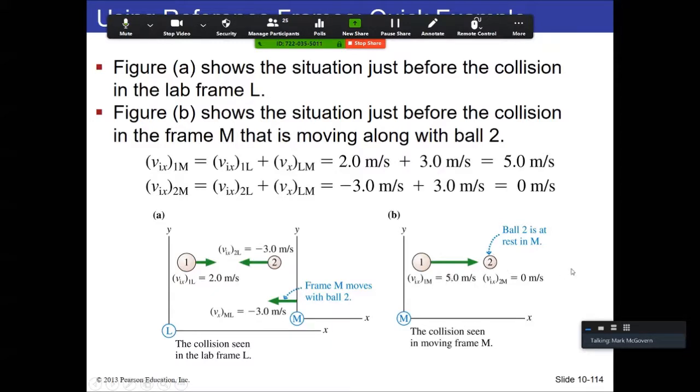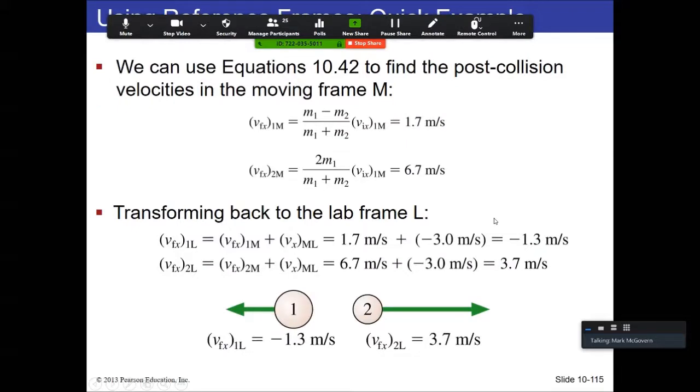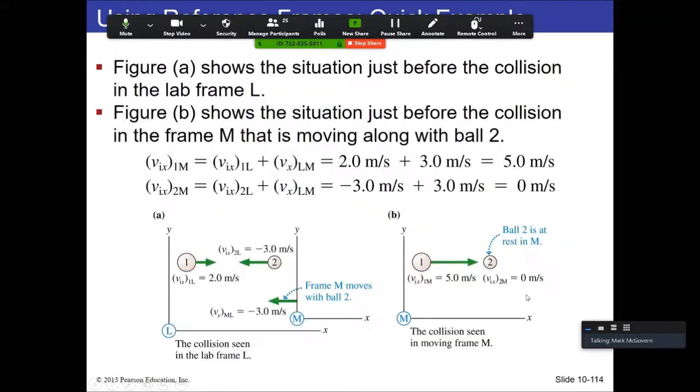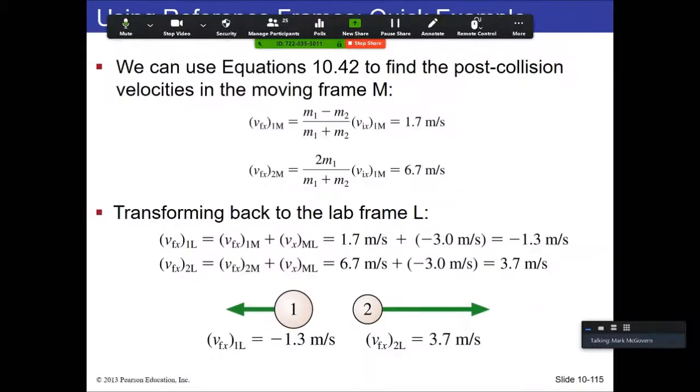So we got 5 and 0 now, right? Then we use the equations, we transform them, we get a 1.7 and a 6.7. They rounded up, I didn't round up. And then since we added 3 over here, we subtract 3. And we get our final speeds now. So that allows us to solve that original system in a much easier fashion.